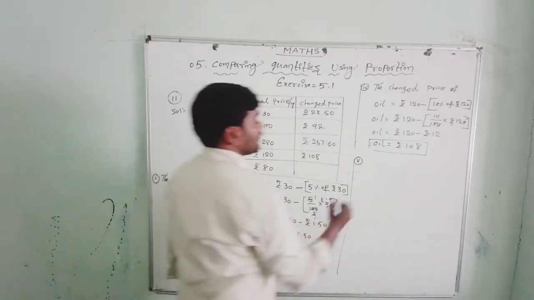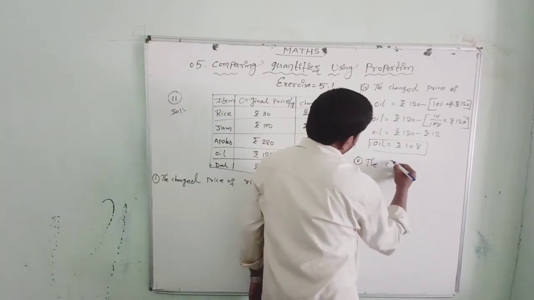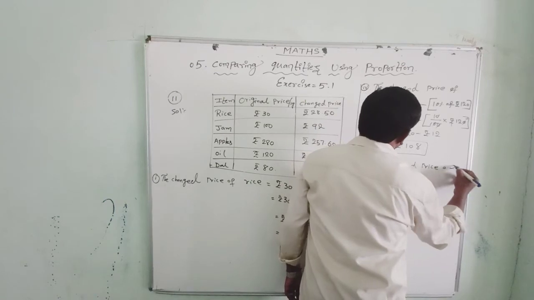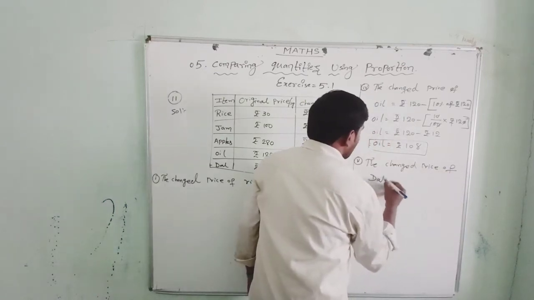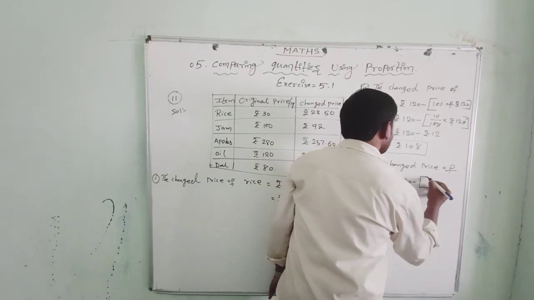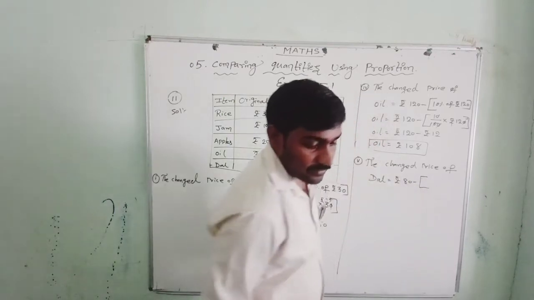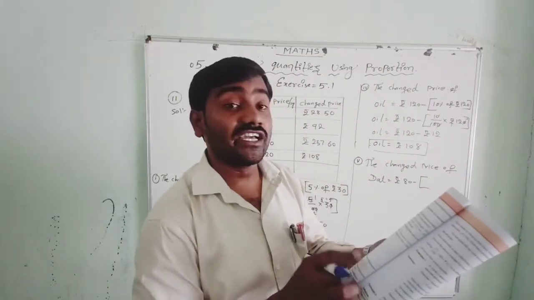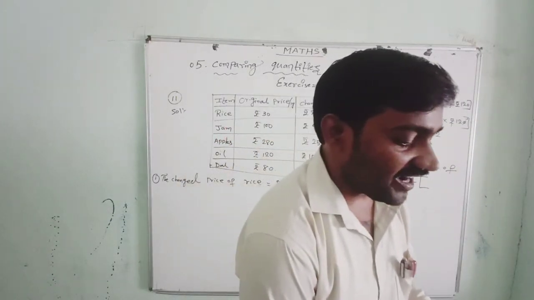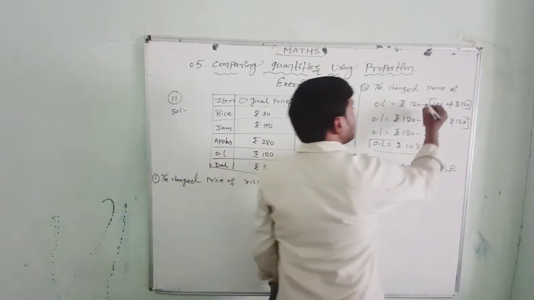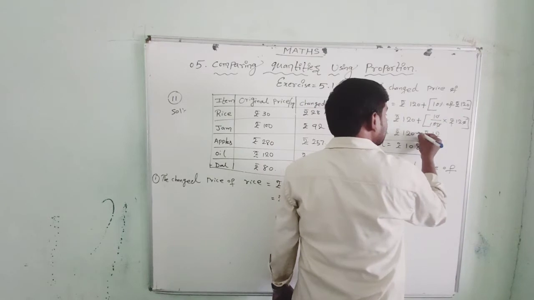Now again dal. The changed price of dal equal to, first dal is rupees 80 actually. From this minus, sorry, here oil and dal are increased. Oil and dal are increased, sorry, I have made a mistake.